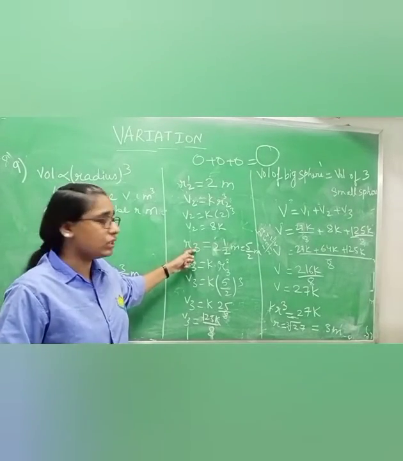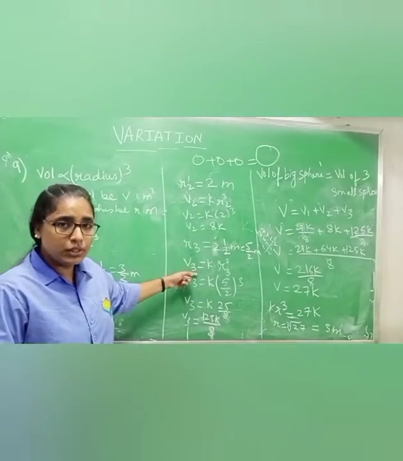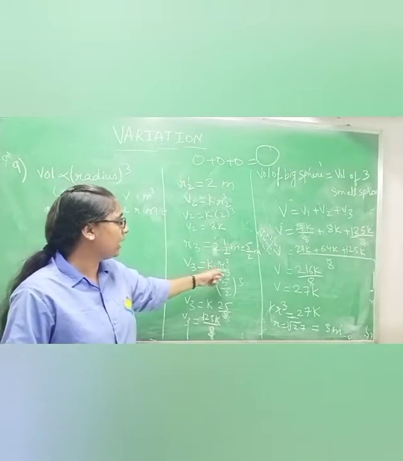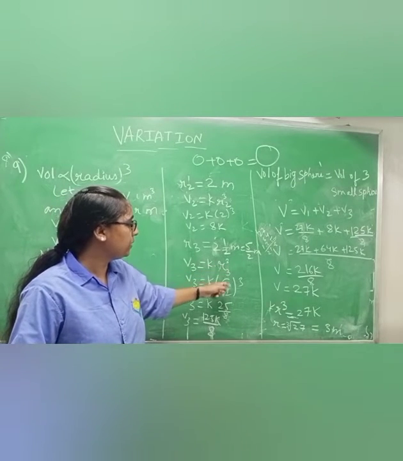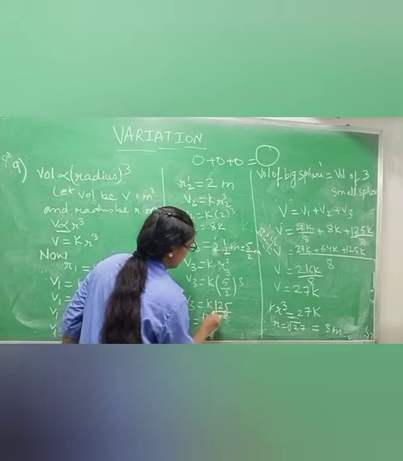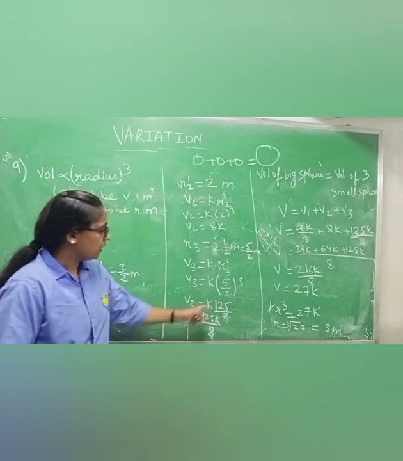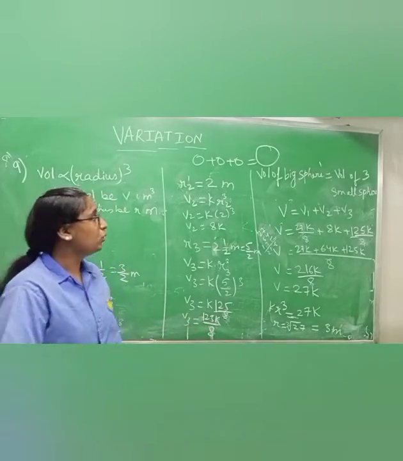So the radius of the third small sphere I am getting is 5 by 2 meter. What will be the volume? The volume will be V3, so V3 equals k r3 cube. In place of r3 we will put 5 by 2. 5 cube will be 125 and 2 cube will be 8. So k into 125, 125k by 8, V3 I am getting.